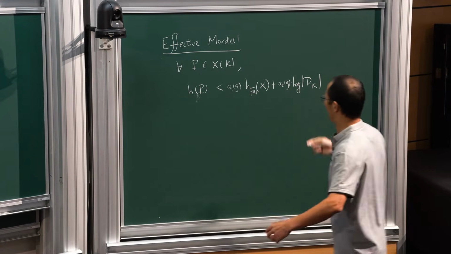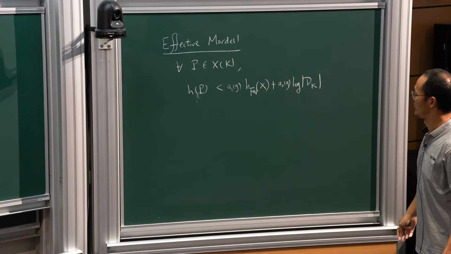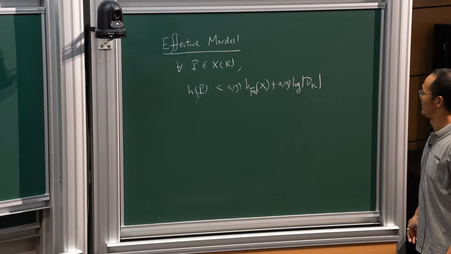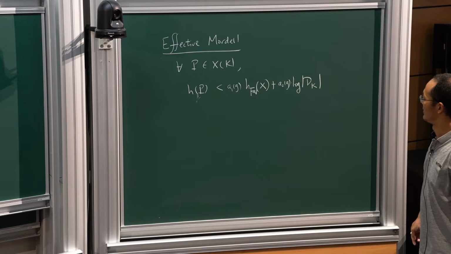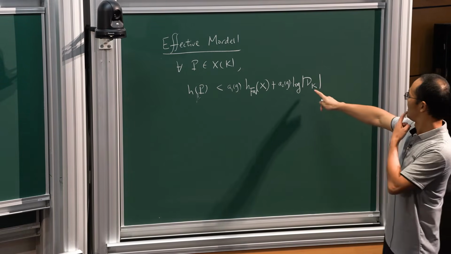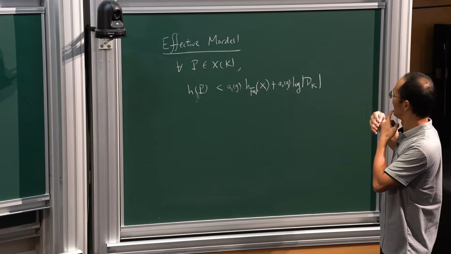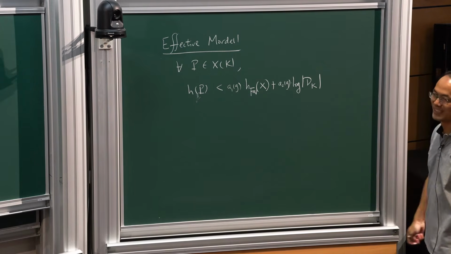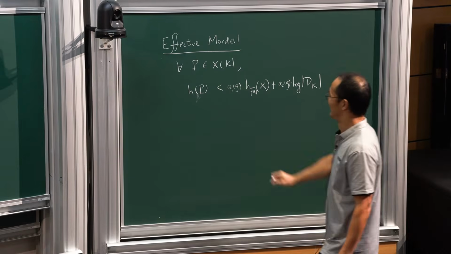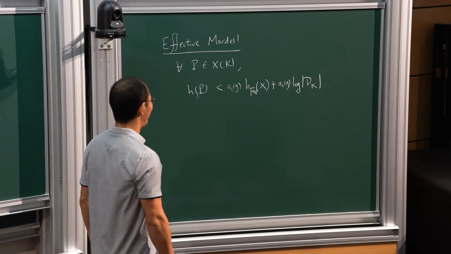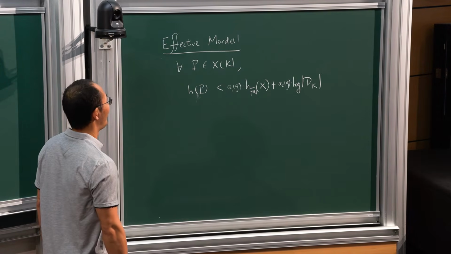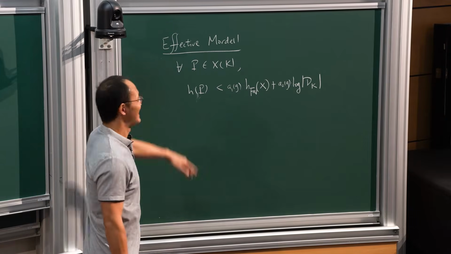I put g here, meaning they depend only on g. The degree of K. If I put d_K here, then it might be fine. We have different versions, depending on how you define the height, whether I normalize it.